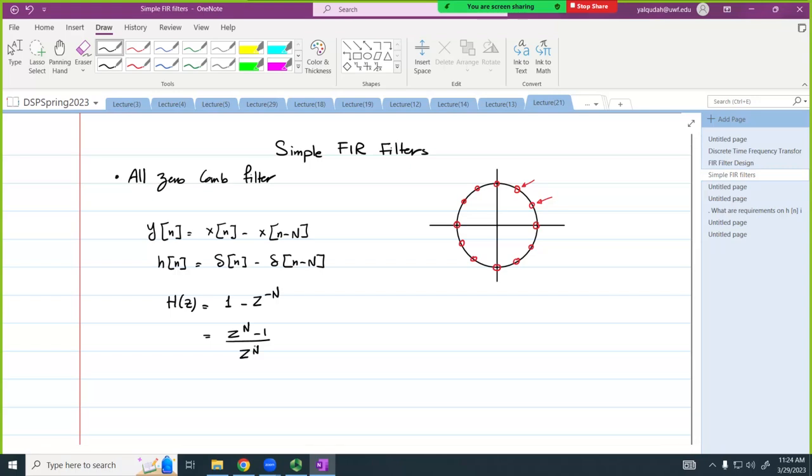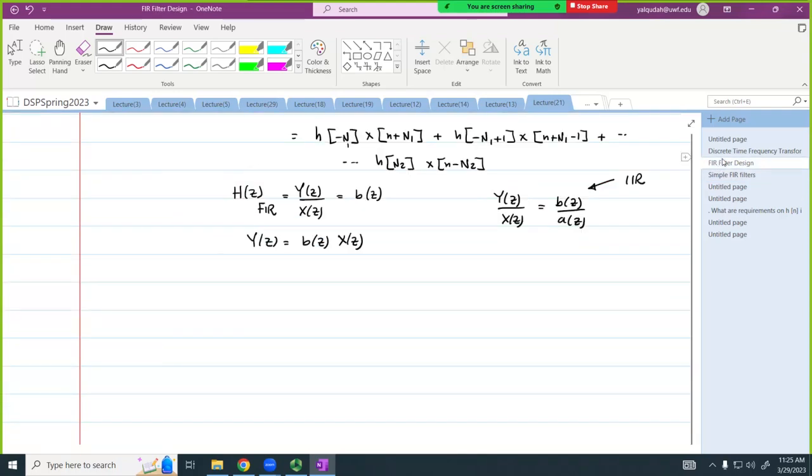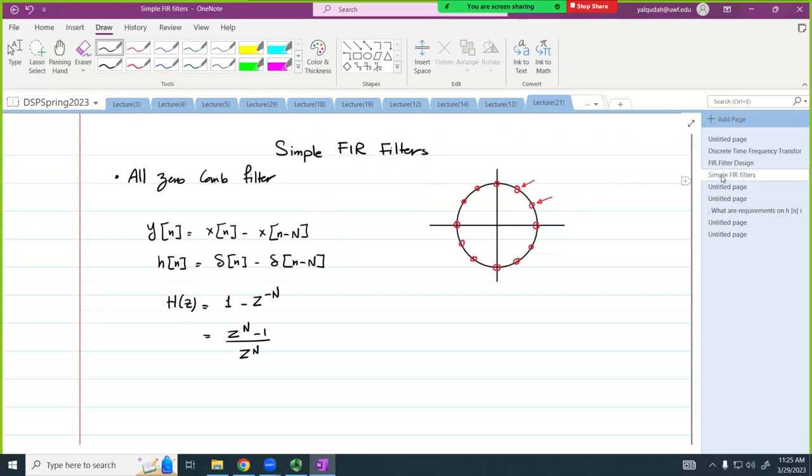Any objection? I mean, somebody is going to object. Say, oh, you said there is no denominator. Are we inconsistent here? You just said a minute ago, there is no a of z, and all of a sudden we have a denominator. It'll cancel with the z.